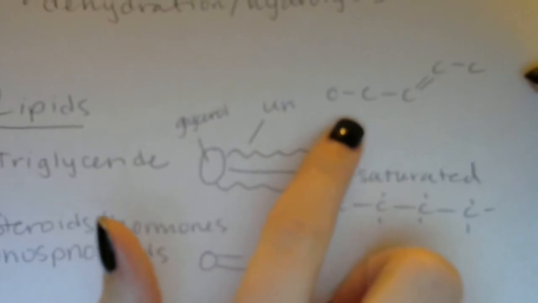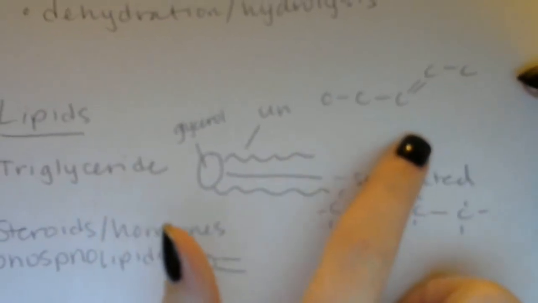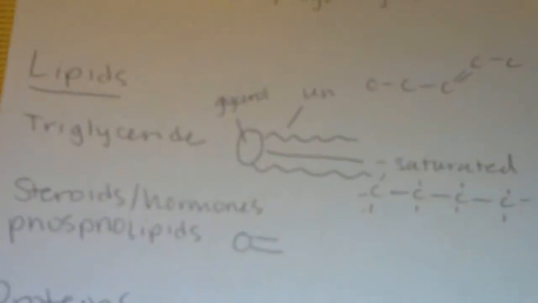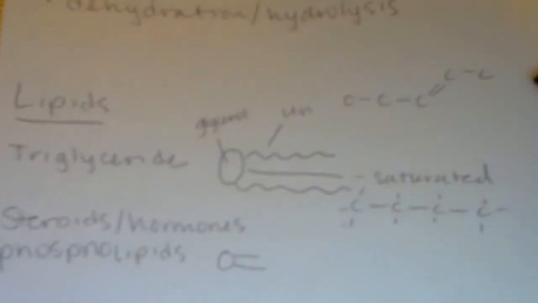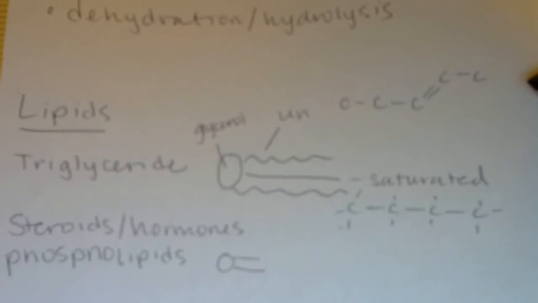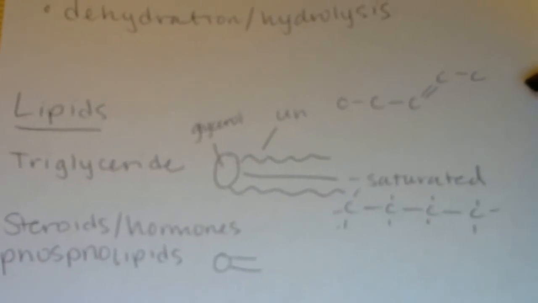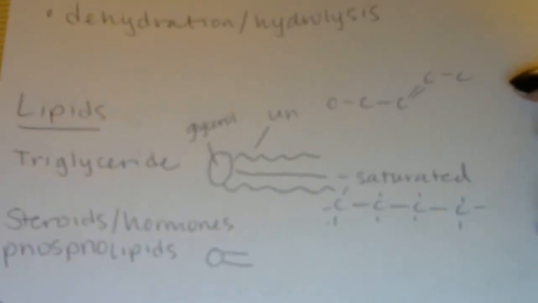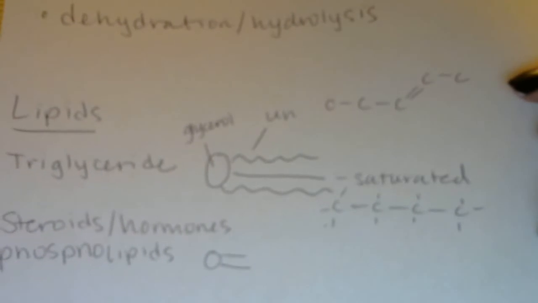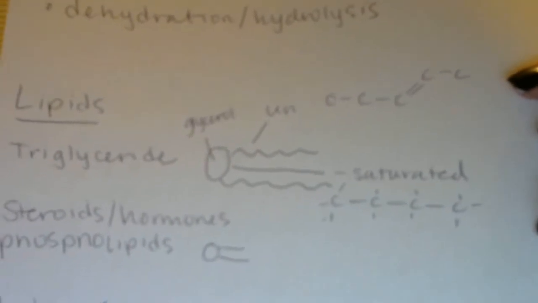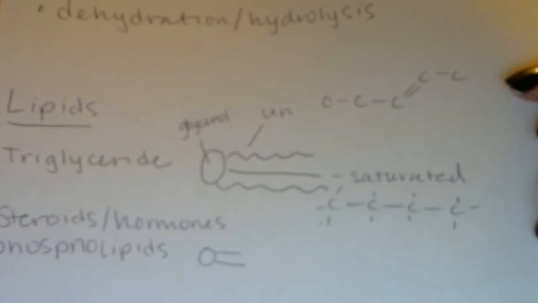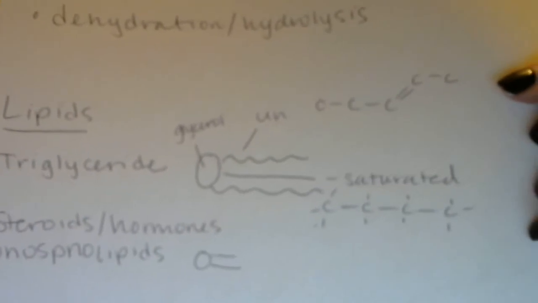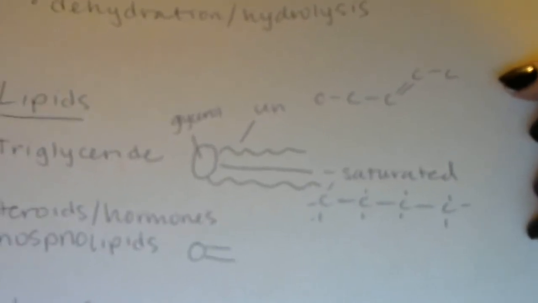What is happening here is the carbon is forming double bonds with other carbons, lending a kinked nature to the tails. That is why unsaturated fats are traditionally more healthy for you, because the kinked nature allows them to stay fluid, not to stack easily, and also to be digested and broken apart a little bit easier.